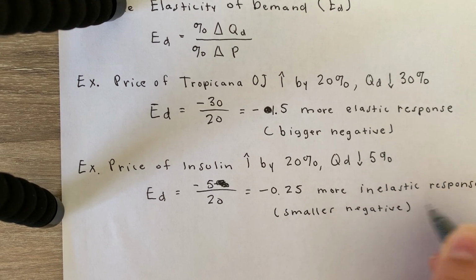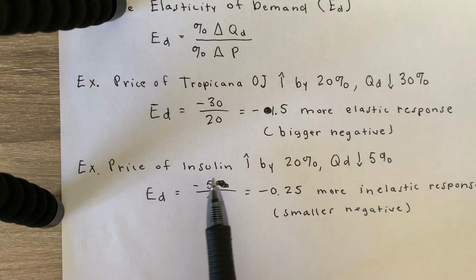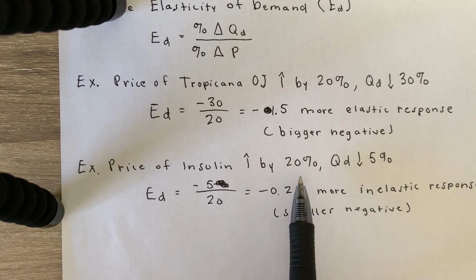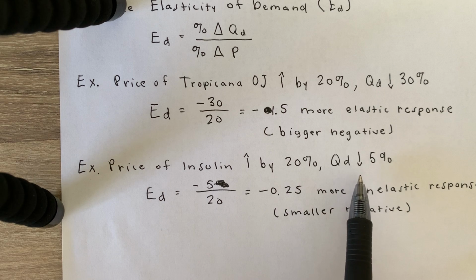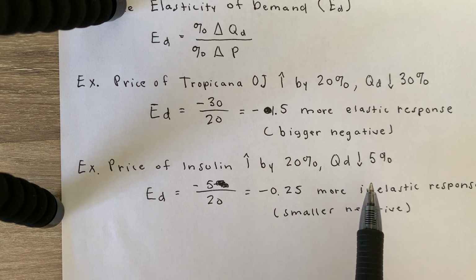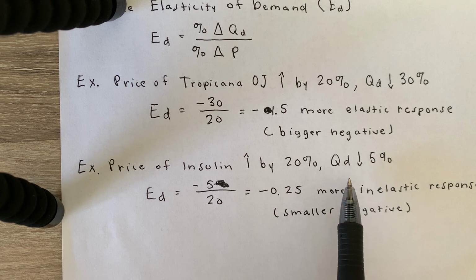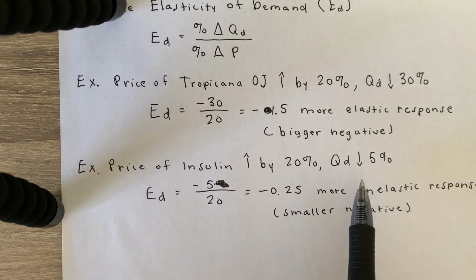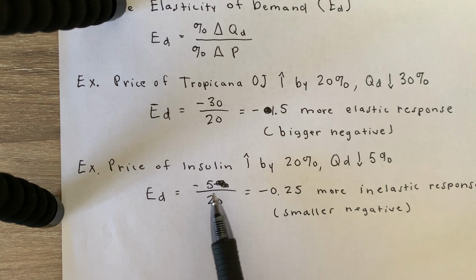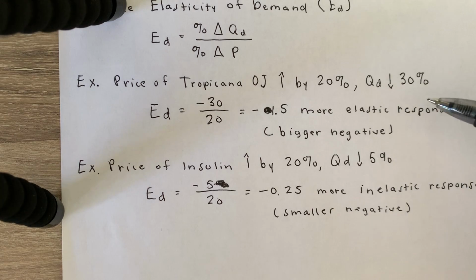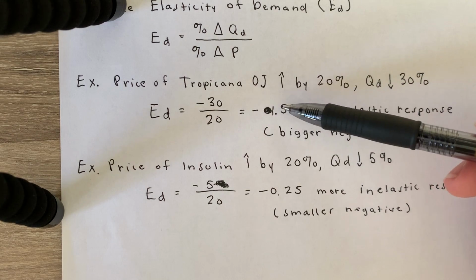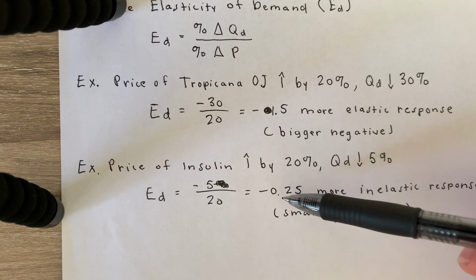So basically what this is saying is even though the price of insulin increased by 20%, only 5% less people bought the good, because insulin is needed. So we get an elasticity of demand of negative 0.25, and it's more of an inelastic response compared to Tropicana, because here we have negative 1.5, and here we have negative 0.25.